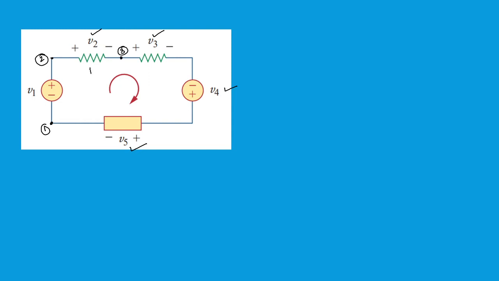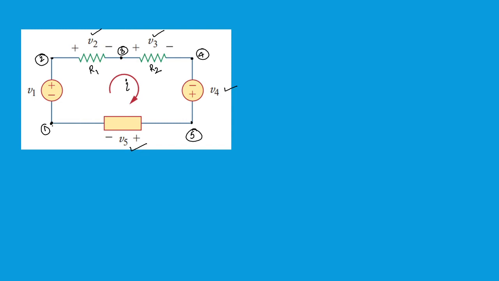Assume this is resistor R1, this is resistor R2. So this is going to be node 4, and here we have node 5. Let's complete this loop. Let's say some current I is flowing through all these elements. We don't require it, but just for convenience, I'm saying there is a current.